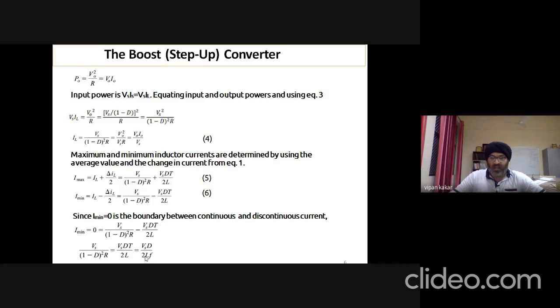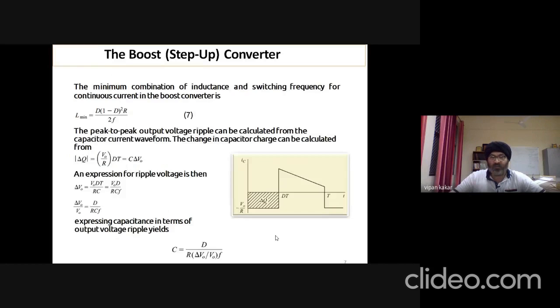But L, inductance value, once it is decided, then it will stay in the circuit. So in that case, any of these parameters we can adjust to have the minimum value of inductor current equal to 0. That will give us the boundary between continuous and discontinuous current mode.